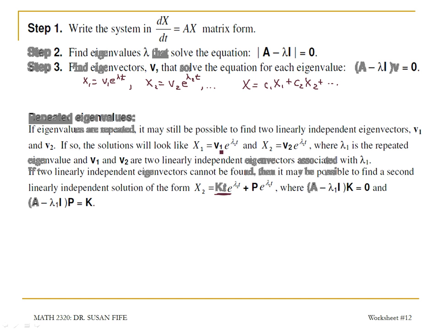If our first solution is v1 e to the lambda 1 t, then our second solution is going to have k, which is going to be some vector, but notice we get the t e to the lambda 1 t, which is just multiplying x1 by t and not looking at this vector. You get the t e to the lambda 1 t, and you also get an e to the lambda 1 t.